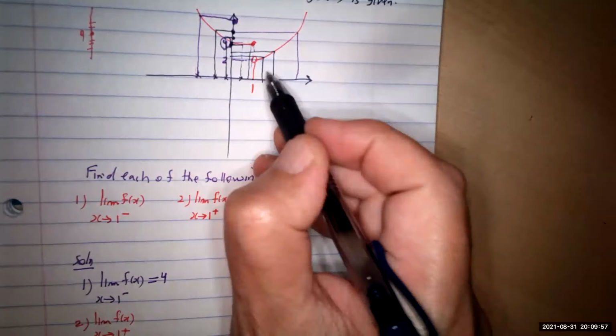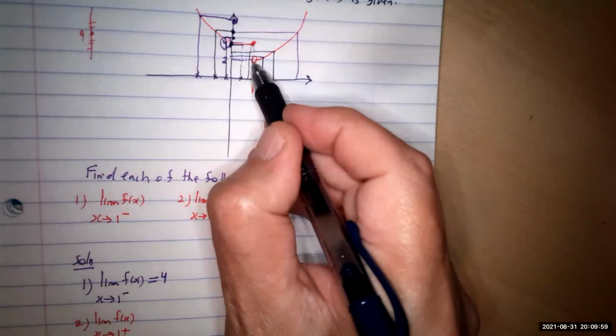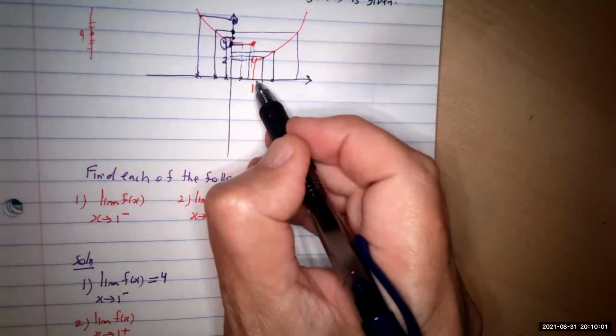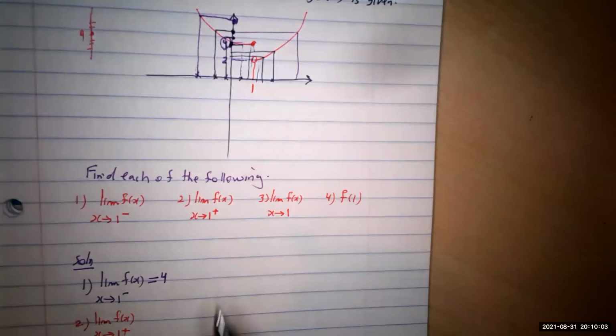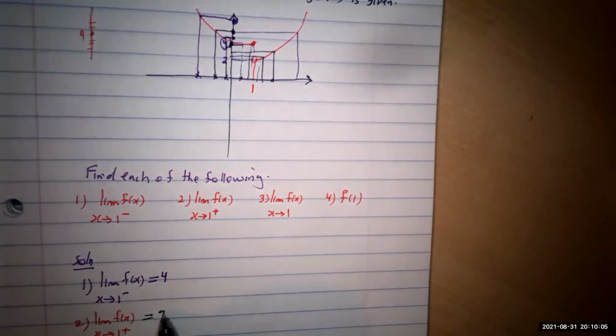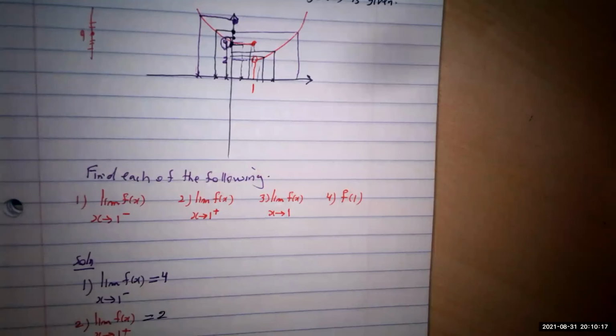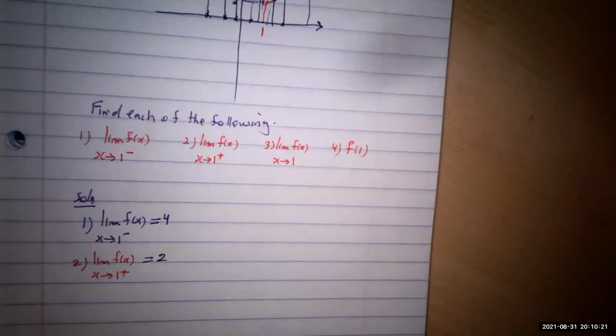It's 2. So in this case, this is going to be equal to 2. So if you're getting closer and closer to the 1 from the left, the values on the y-axis would be getting closer and closer to 4, and from the right, to 2. So 2 and 4.